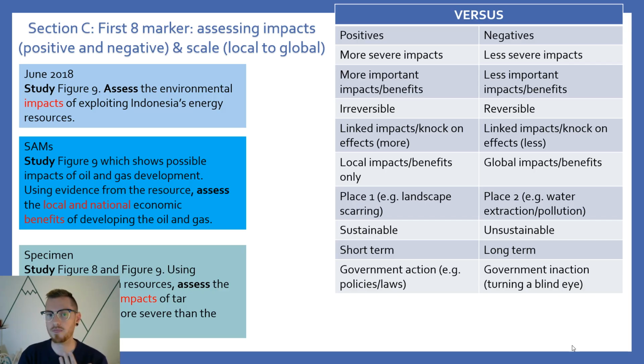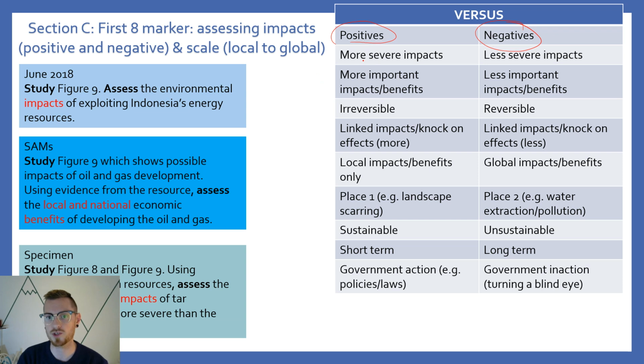When you look at the resource and think about the impacts, question yourself about these different potential ways of creating ideas, creating points, creating factors. Remember, you need 3. You could look at positives and just general negatives. That's quite a simplified way of doing it.